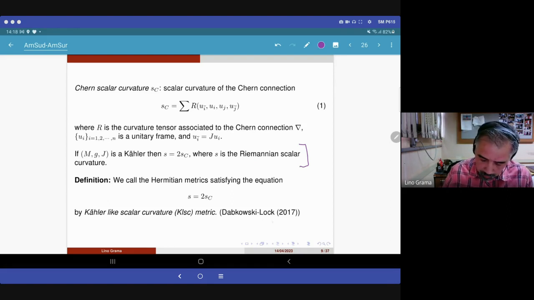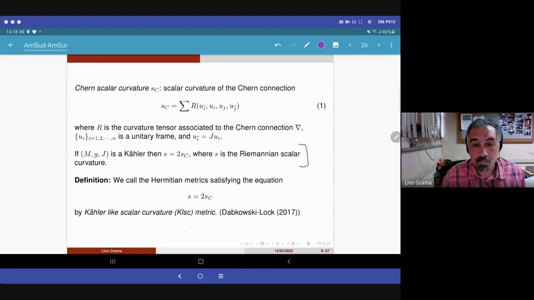Angella, Otal, Ugarte and Villacampa suggest a name for this. The Hermitian metric satisfying this equation is called Kähler-like scalar curvature.